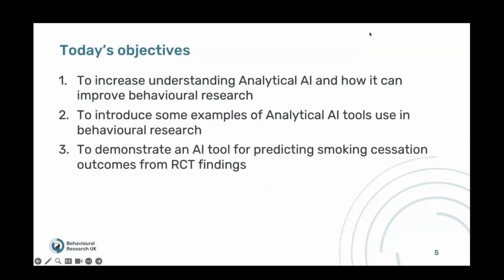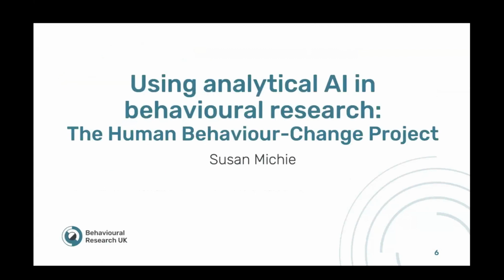So today's objectives are, first of all, to increase your understanding of analytical AI and how it can improve behavioural research. Secondly, to introduce some examples that we can use, and thirdly, to demonstrate an AI tool for smoking cessation outcomes from RCT findings. Okay, so I shall very briefly introduce you to the Human Behaviour-Change project.